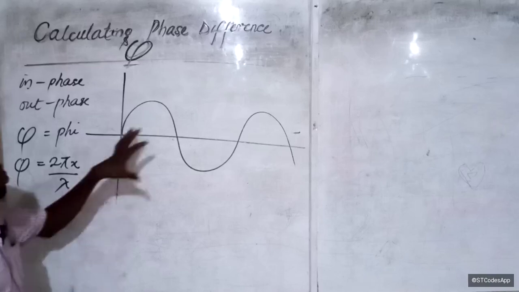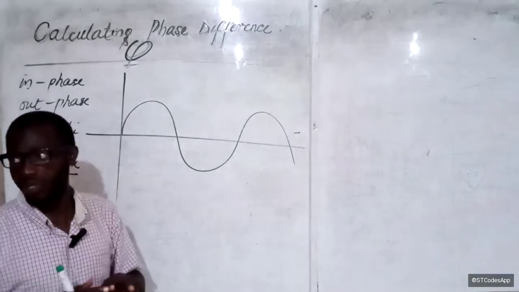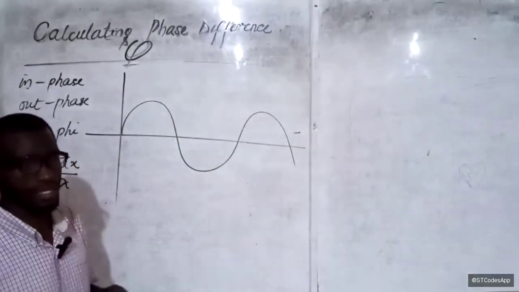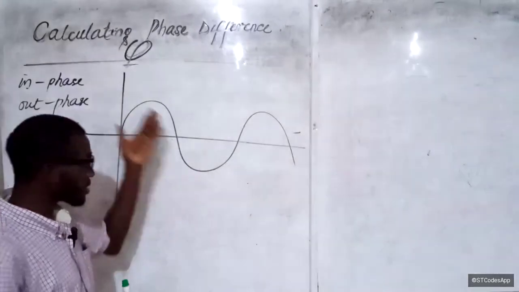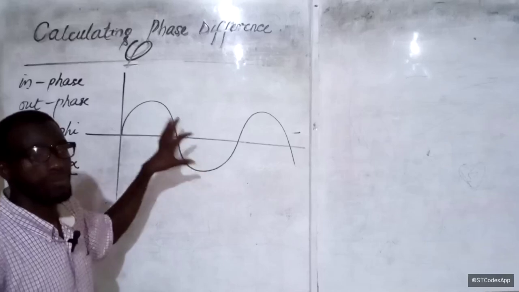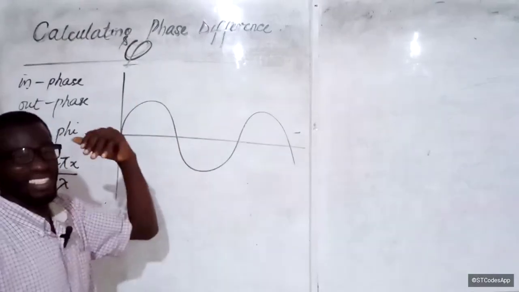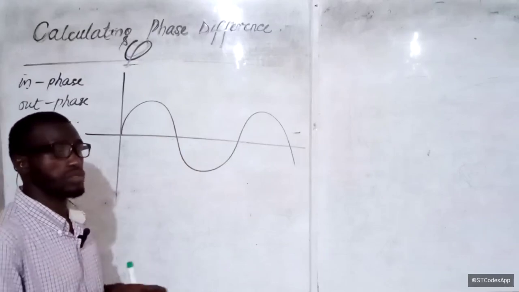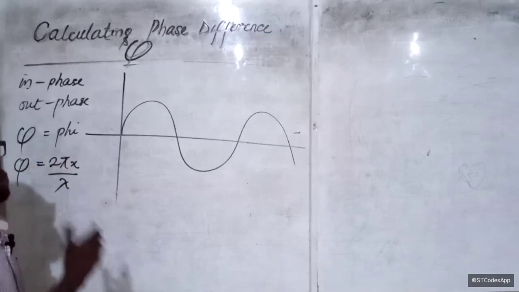I told you that this is the same as circular motion. It could be related to circular motion. Because it is the same as circular motion, the motion is more or less the same. We use a cycle to describe it.